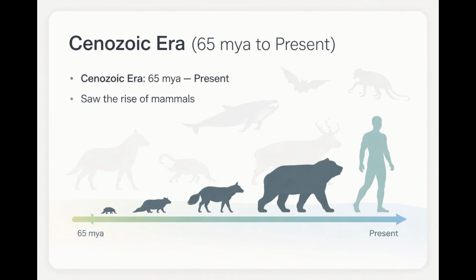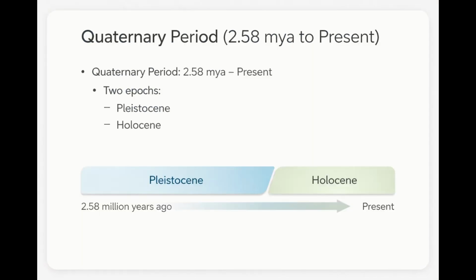The key theme given is the rise of mammals. After the KPG extinction, mammals were able to expand into many niches, increase in body size in many lineages, and become a dominant feature of many terrestrial ecosystems. Within the Cenozoic, the material highlights the Quaternary period, from 2.58 million years ago to the present.